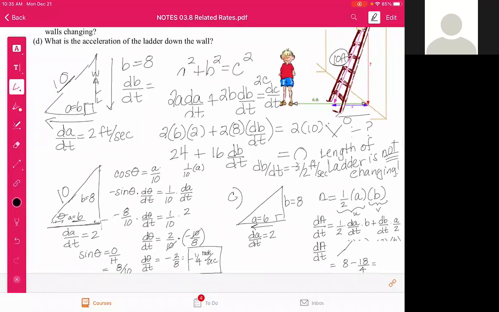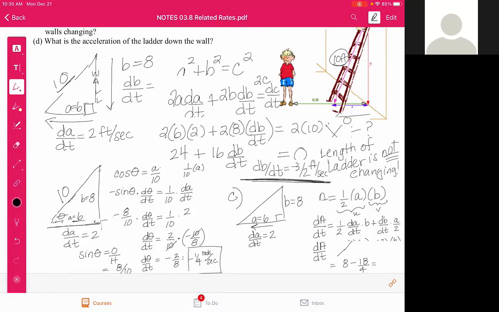Part D. What is the acceleration of the ladder down the wall? Acceleration. Well, the rate at which the ladder is going down the wall, we found that right there. dB dt is -3/2 feet per second.